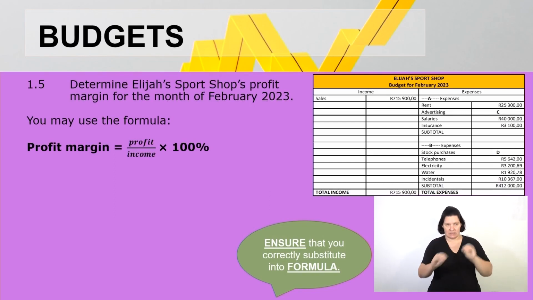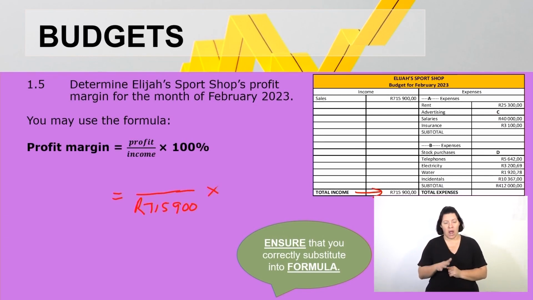So there's your formula. Looking at what I have here, I know definitely that my income, as we can see here, is 715,900. So I'll start with that, 715,900. I also know that since I want a percentage, I'll have to multiply by 100. But now I'm looking for the profit.